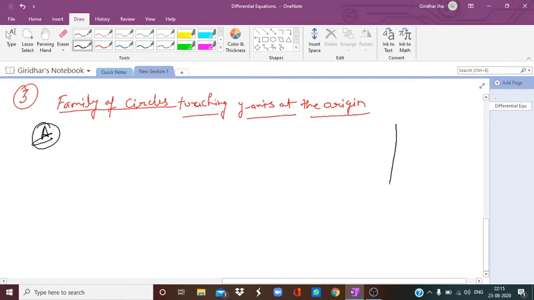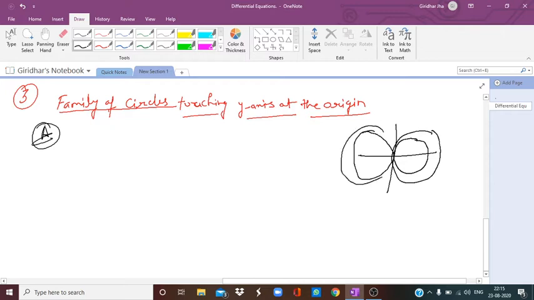This is the axis, correct. So the circles touch the y-axis at origin. So this way those circles will be there. This side also it can be possible. This is one circle. So family of circles you will get, and all touch the y-axis at the origin.